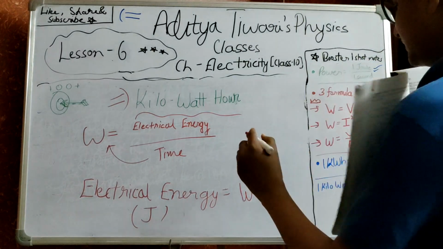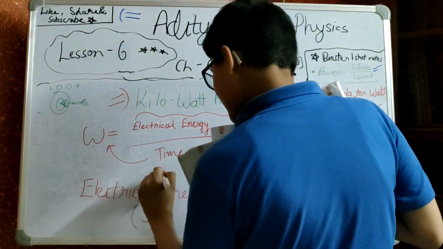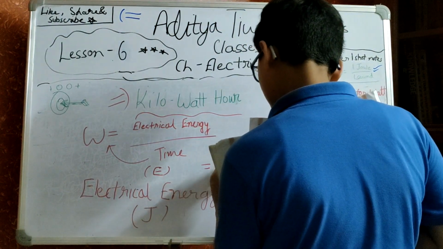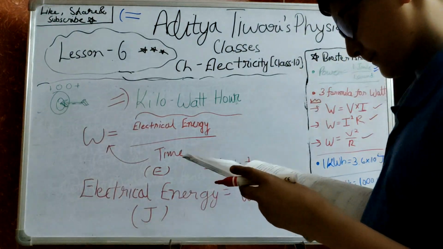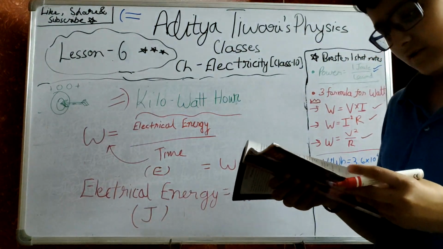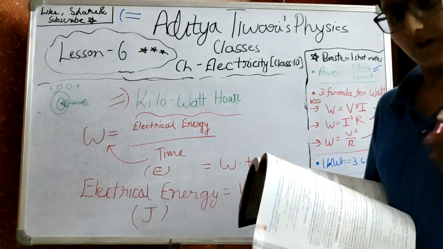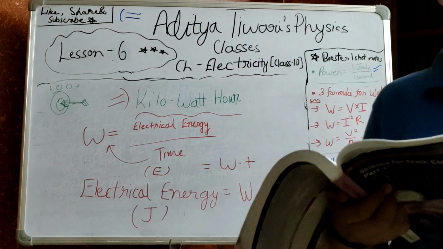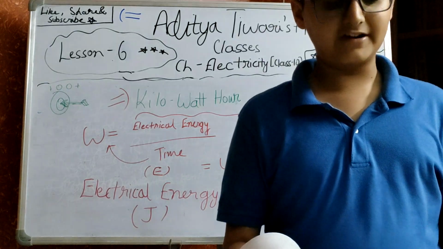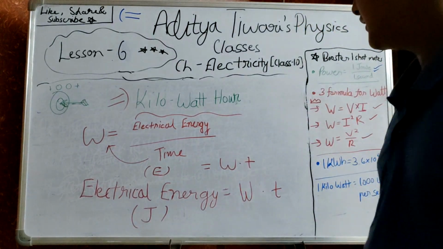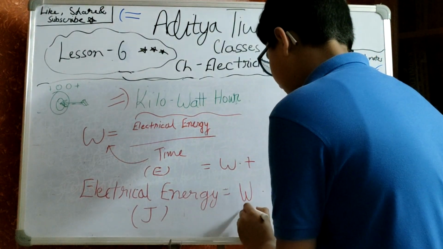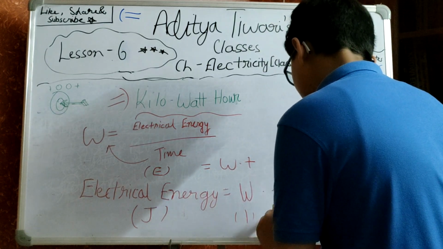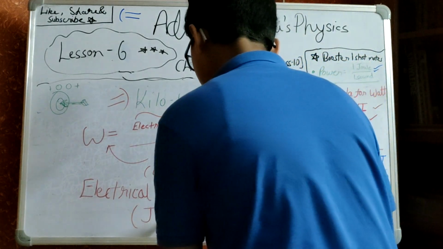First things first, E is equal to power times time. So 1 watt hour is the amount of electrical energy consumed when an electrical appliance of 1 watt power is used for 1 hour. So that's pretty clear, like 1 times 1 equals 1.